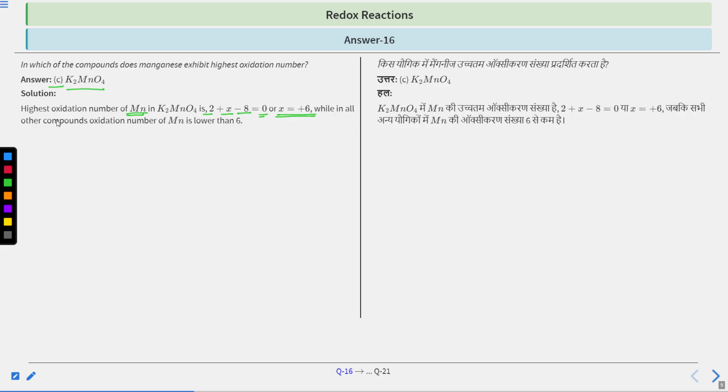In all the other compounds in the options, the oxidation number of manganese is lower than 6. So K2MnO4 exhibits the highest oxidation number of manganese, and thus the correct option is C. Okay, let's move to the next question.